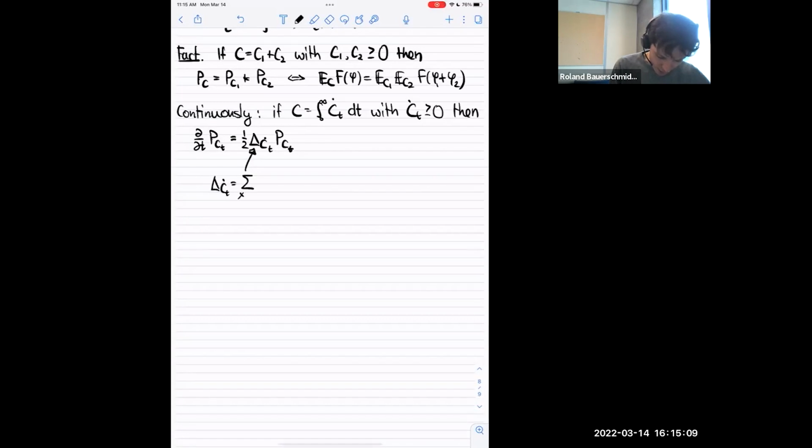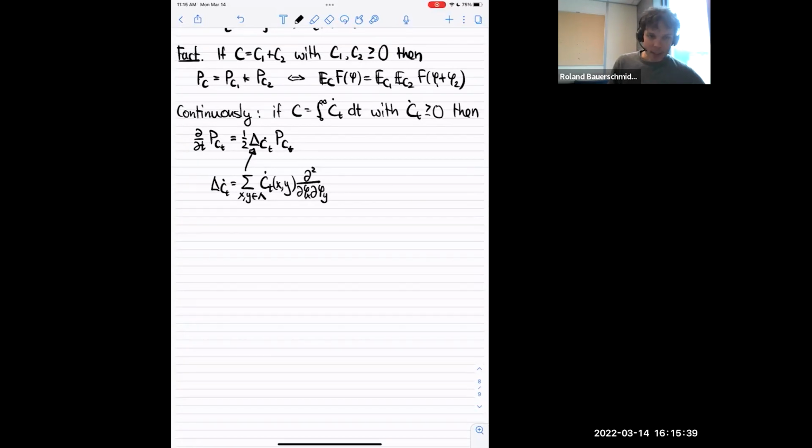It's the sum over x, y in lambda of C dot t, x, y, so that's the xy element of the covariance matrix, and then there's the second derivative in directions phi x and phi y. This fact is just a straightforward generalization of the fact that a Gaussian density satisfies a standard heat equation. If you put in a covariance that varies in time, this is the heat equation you get.